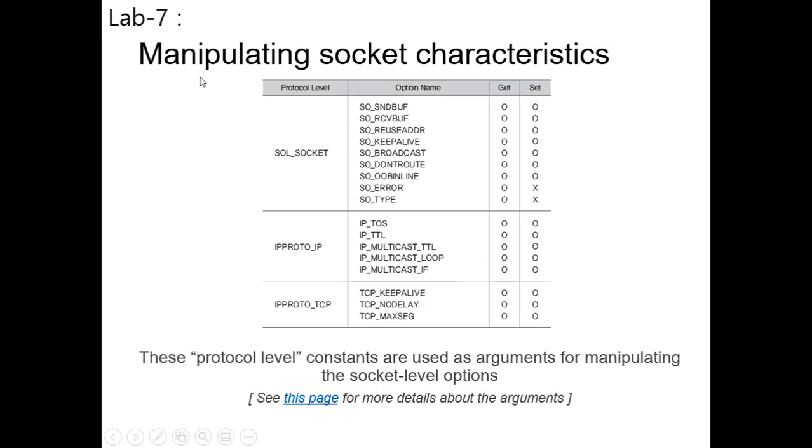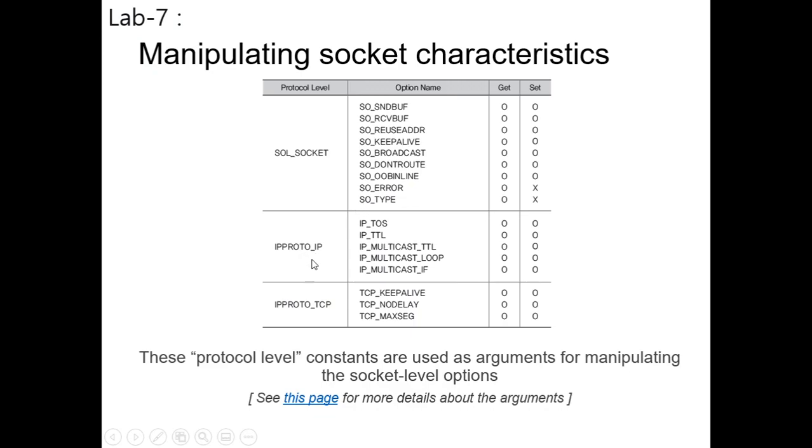The next lab session will contain the process of manipulating socket characteristics. After creating a socket, you would be able to either see or change, for instance, the size of the buffers, outgoing buffers and ingoing buffers, and flags like broadcast, keep alive, or any kind of error flags.